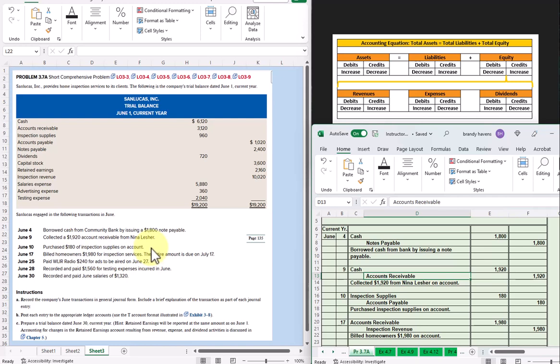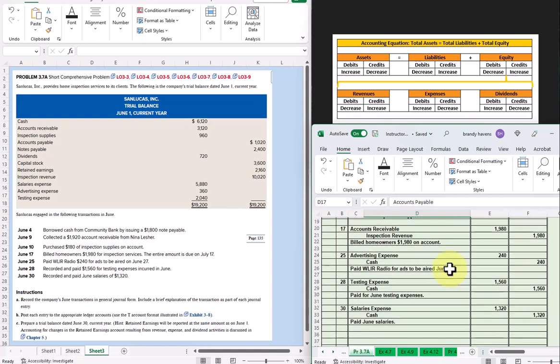We're also going to increase our accounts payable, a liability, by $180. To increase supplies, we post a debit of $180. To increase accounts payable, we post a credit of $180. So for that transaction, we've debited supplies and credited accounts payable for $180.